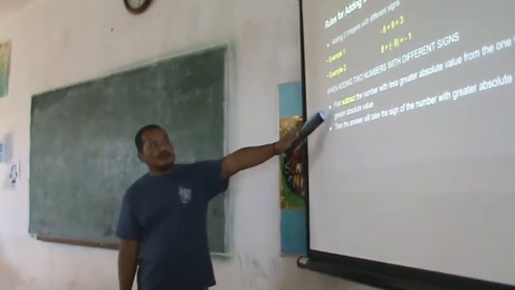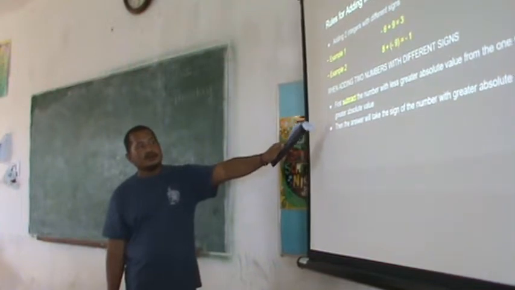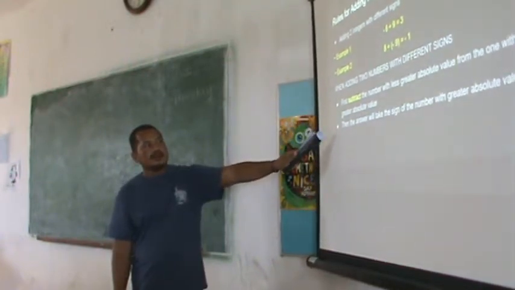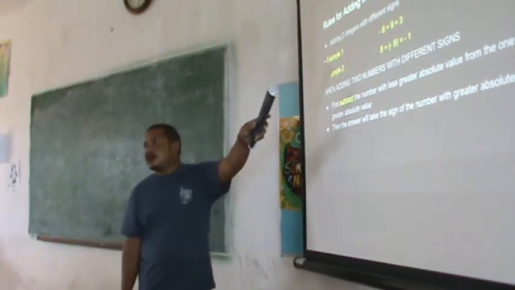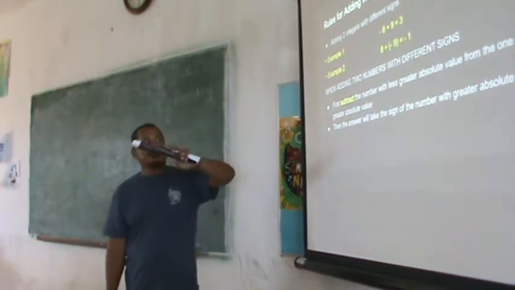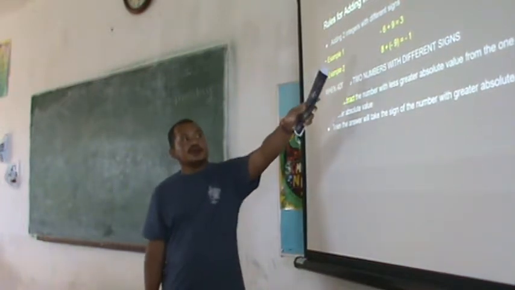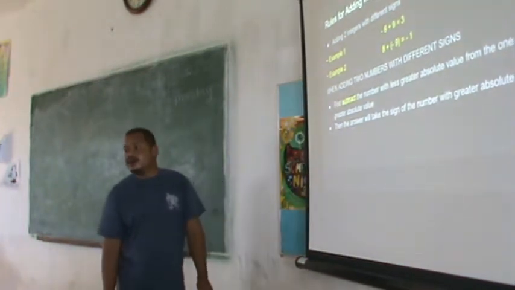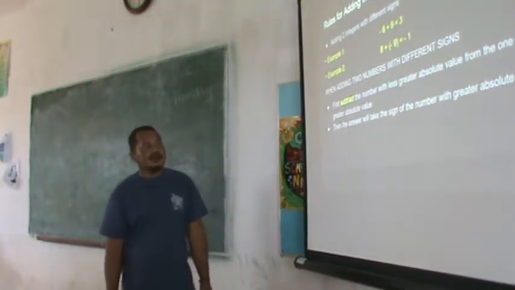First read this one. First, subtract the number with the lesser absolute value from the one with the greater absolute value. So which one has a greater absolute value, 6 or 9? 9. Very good. So we subtract the lesser absolute value, which is 6. So 9 minus 6 is what? 3. Okay. Read the second bullet.